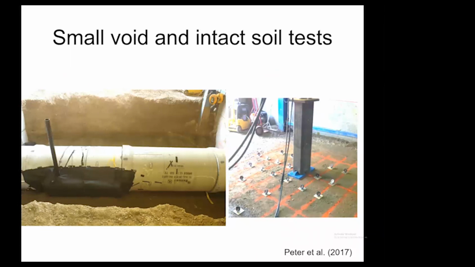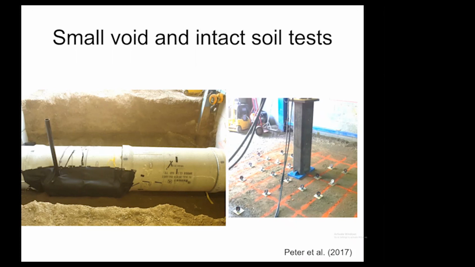Here's a picture of Jane's test pipes in the pit, where we've dug a trench, put the pipes down, and just prior to backfilling. She's got two pipe configurations there. One, where we've simulated an erosion void. This is not an erosion void actually caused by water flow.